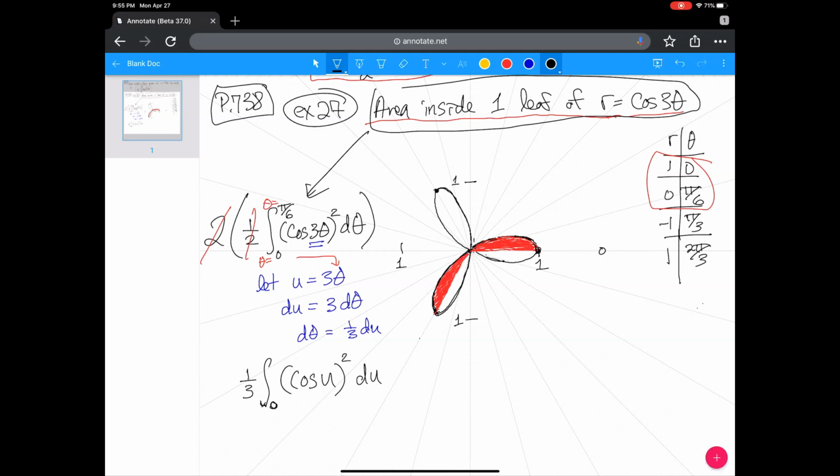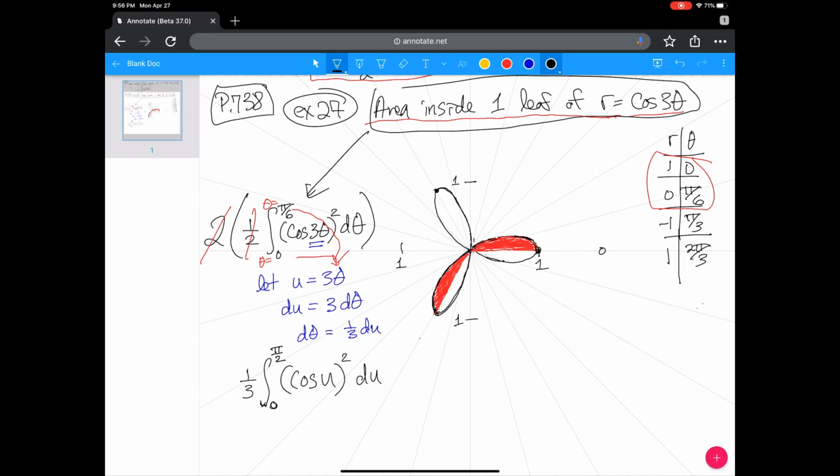And when theta is equal to pi over 6, I get 3 times pi over 6. 3 pi over 6 is pi over 2, so the upper limit for u is pi over 2. So now I changed the integral of cosine 3 theta squared d theta from 0 to pi over 6 into the integral of cosine u squared du from 0 to pi over 2 with the 1/3 out front.